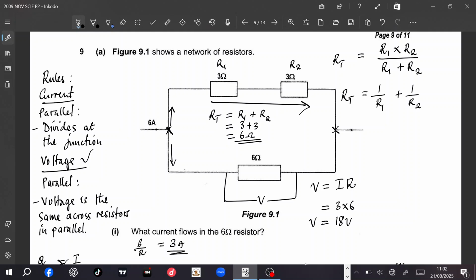If we want to make this formula become like that one on top, we can just simplify it by looking for a common denominator, adding these resistors. So we can use resistor 1 as a common denominator and resistor 2 as a common denominator.